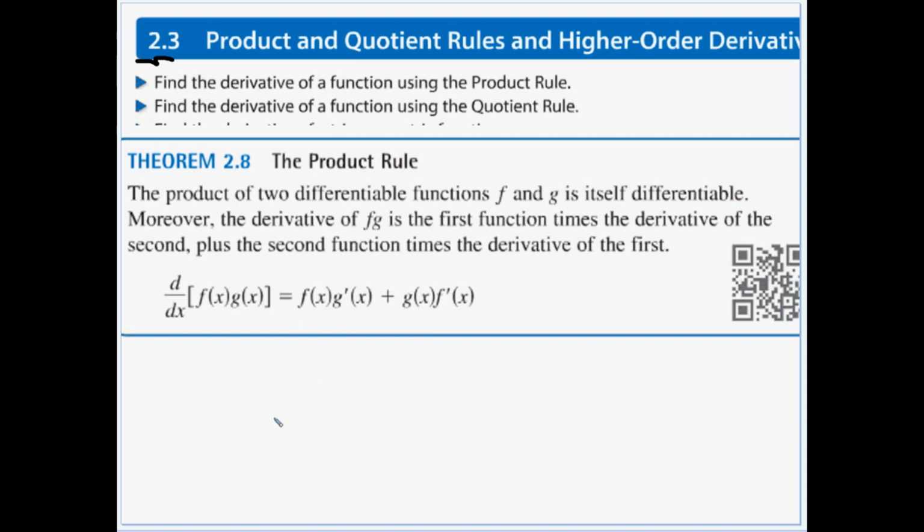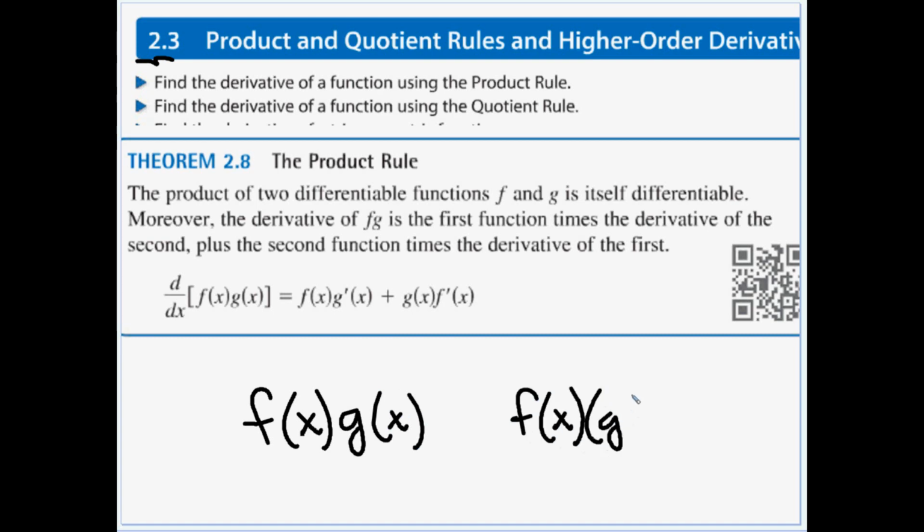Now, if I just write them both, our function names are f of x and g of x. If I just write them both here twice, f of x times g of x, it's like in each term, one function takes a turn being the derivative. Like in the first one, we can make f the derivative f prime times g of x plus, since f was already derivative in the first term, we're going to make g prime derivative in the second one.